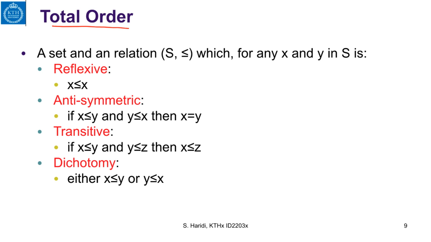It is again this pair S and a relation, we call it here also less than, which satisfies all the properties of partial order: reflexivity, anti-symmetry, transitivity, and one more property which is called dichotomy or totality, which says for each element x and y, either x is before y or y is before x.